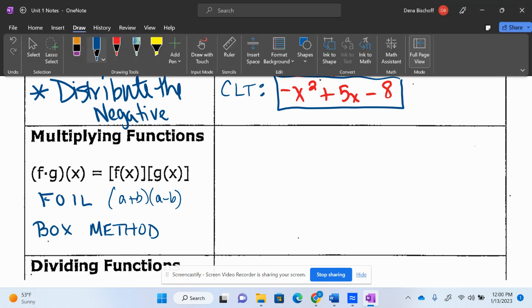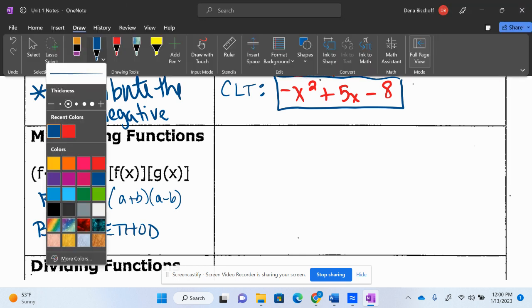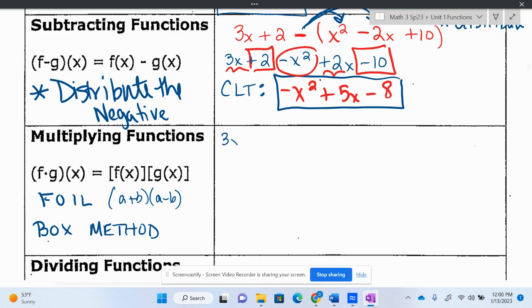So I'm going to show you the box method first, and then I'm going to show you it's kind of like a FOIL, but it's not even really called FOIL. It's just distributing. So this is what f of x times g of x looks like. I'm not going to do that one first because I think that gets confusing for you sometimes. I'm going to do the box method first.